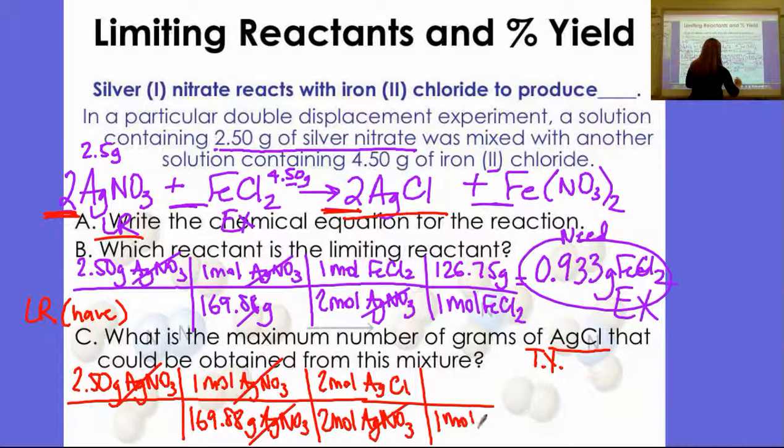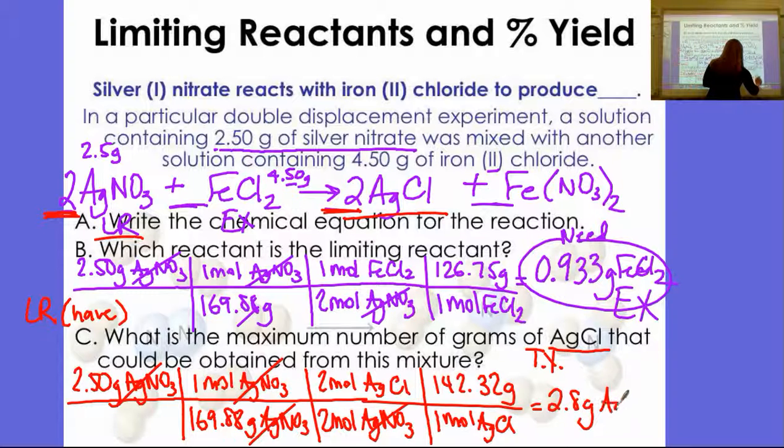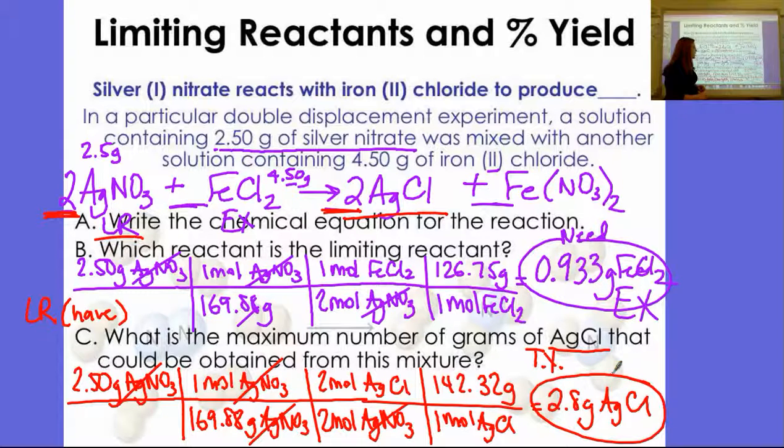So my final step, 1 mole of AgCl, looking on the periodic table for the mass, is 142.32 grams of AgCl. Punch that in your calculator. You should get 2.8 grams of AgCl. That's my theoretical yield based on the limiting reactant of 2.5 grams of silver nitrate.